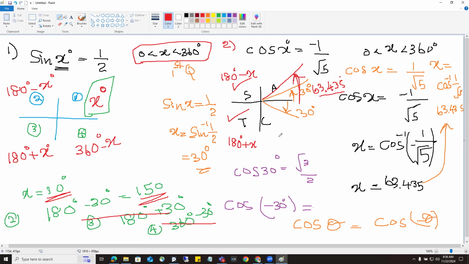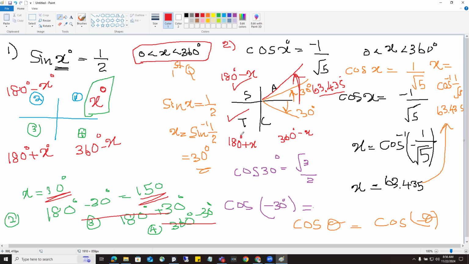Here we have 360 minus x, that means 360 minus 63.435. Out of all these values, we have to select the final answers as the angles available in the second quadrant and the third quadrant only.